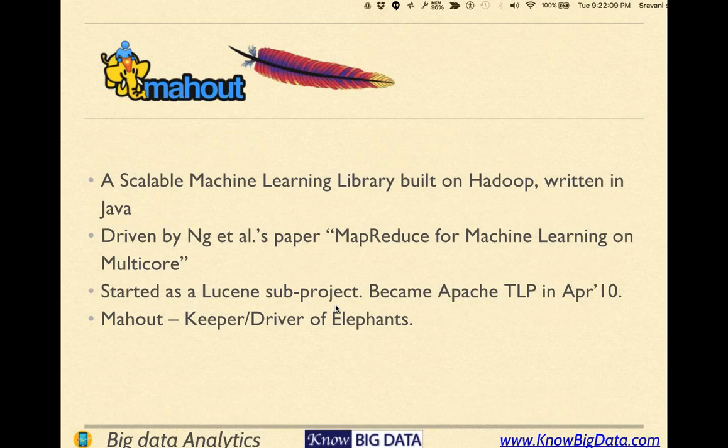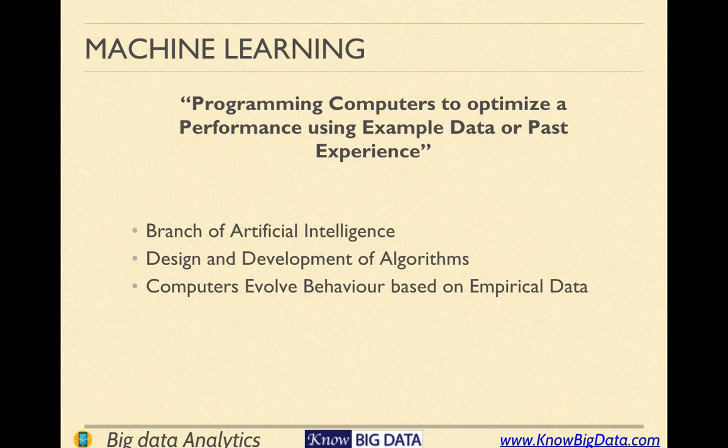Andrew Ng wrote a paper called MapReduce for Machine Learning on Multicore. Okay, and that paper was the basis for Mahout. It became quite popular and was quite useful as well.